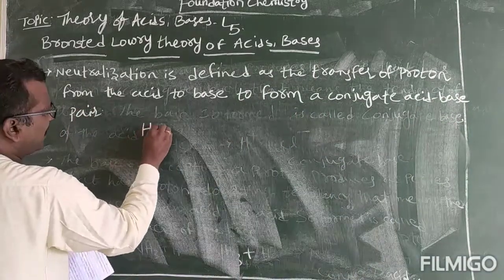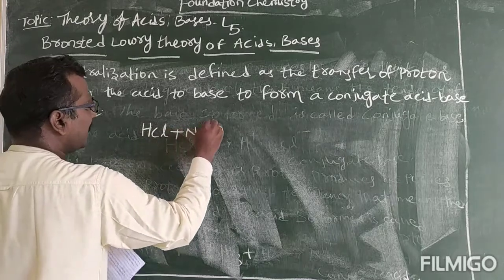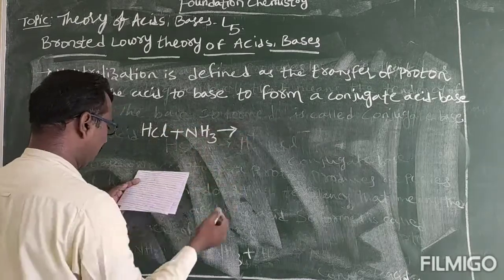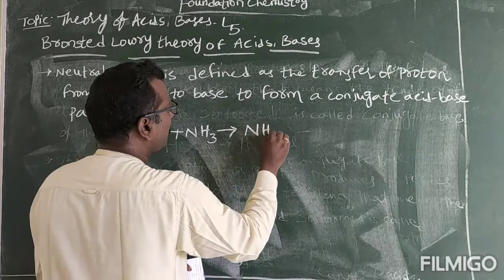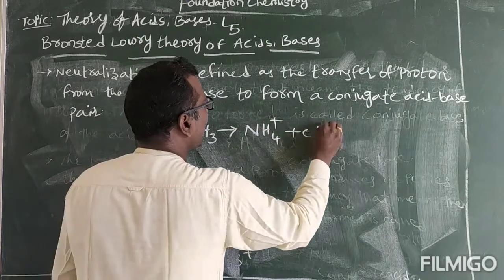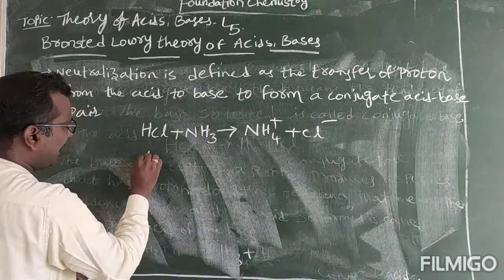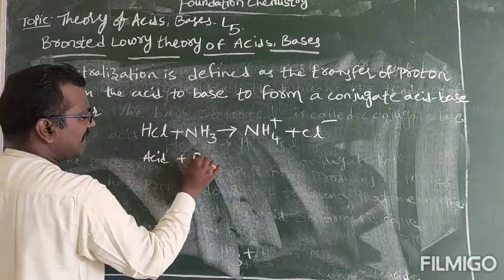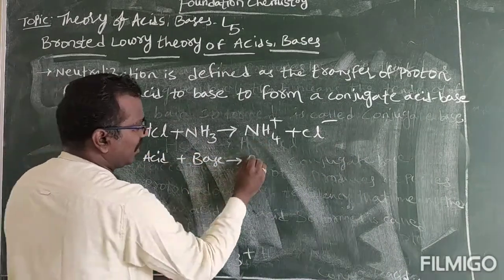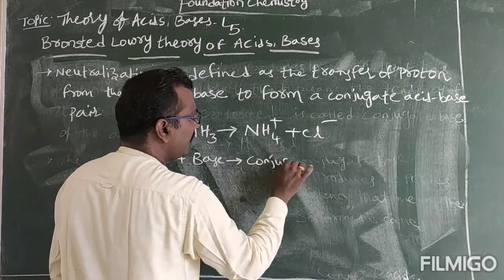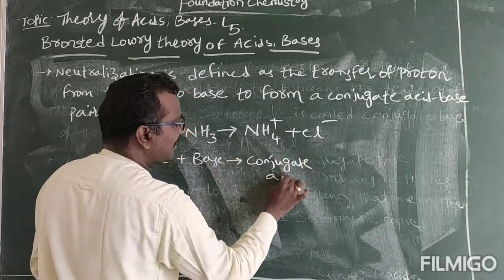that is HCl plus NH3, that gives NH4 plus Cl minus. See here, this is an acid and this is a base. It is giving what? Conjugate. What is this acid?